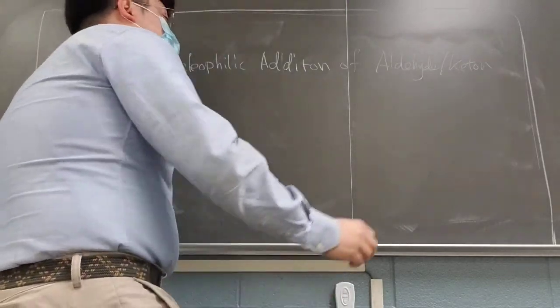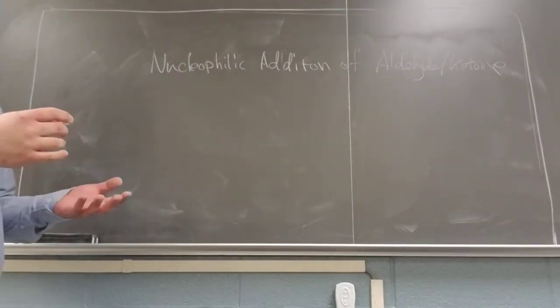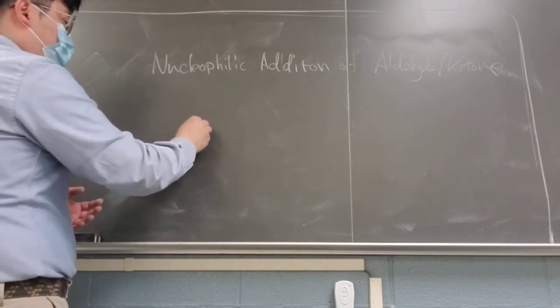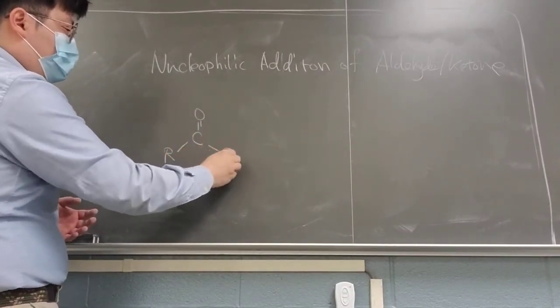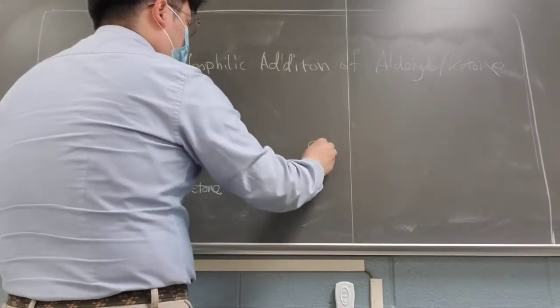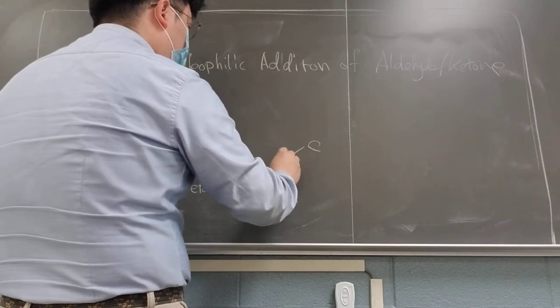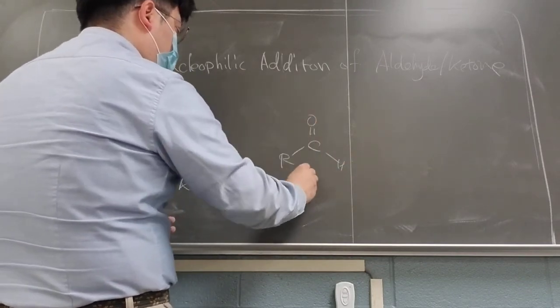The basic rule is here. Either aldehyde or ketone has the carbonyl group over here, and then they're going to have either two R's on the side, which will be ketone, and the other one will be just one R and a hydrogen, so it becomes aldehyde.